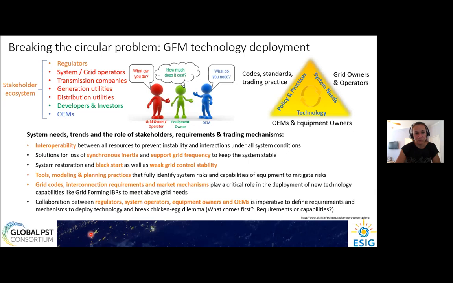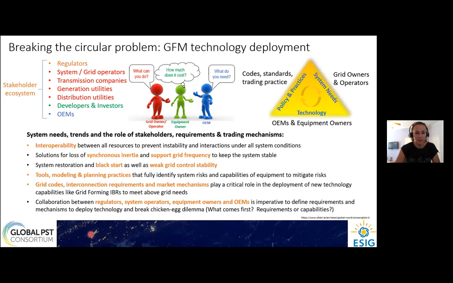And so just to wrap up, coming back to my circular problem issue, there is still this kind of disconnect between what the grid operator needs, and even understanding what the grid operator needs, and then translating it to technical specifications for OEMs.